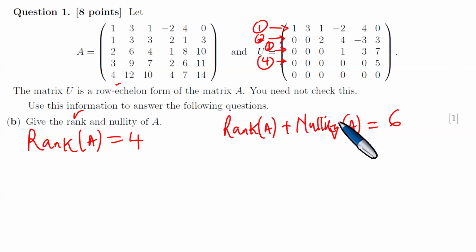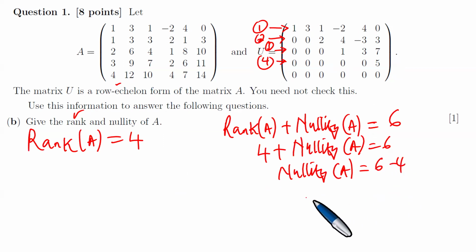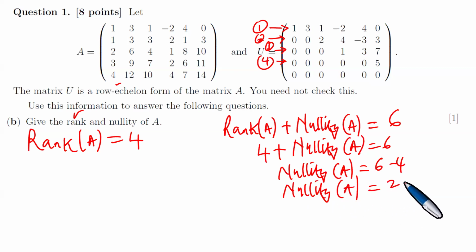So we know that the rank of A is the number of non-zero rows, which is 4, plus the nullity of A equals 6. Therefore the nullity of A is 6 minus 4, which is 2.